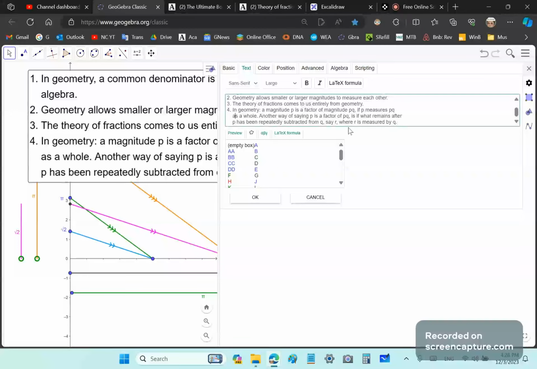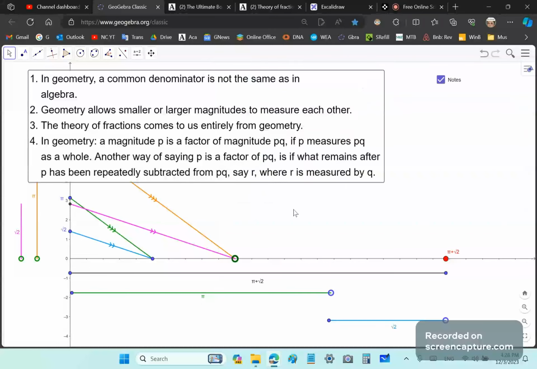Another way of saying P is a factor of PQ is if what remains after P has been repeatedly subtracted from PQ, say R, where R is measured by Q. Okay, so now that is correct. Sorry about that, but I've got vision problems and I'm getting old.